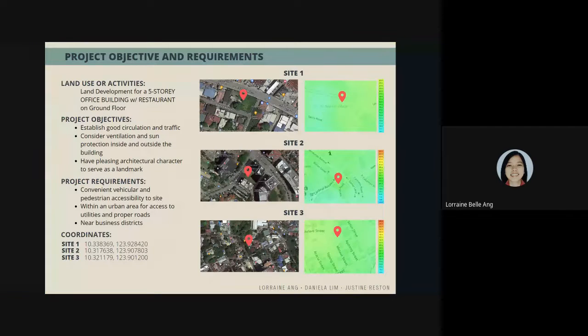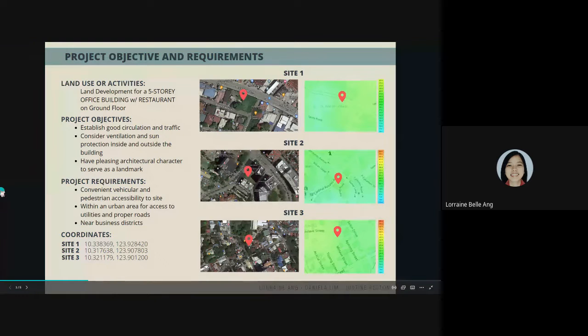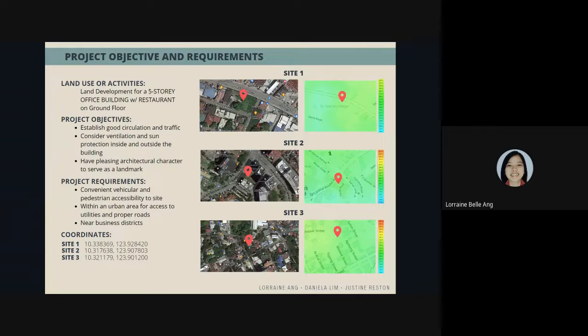Since it's an office building, usually internet and signal are really required, so it is difficult for that access to be taken from rural areas. Most importantly, it should be near some business districts. These are some of the site coordinates for sites 1, 2, and 3. Next slide, please.